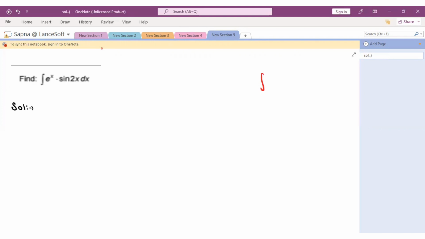We have the integration of a product of two functions, uv. Suppose I am putting the first function as u and the second function as v.